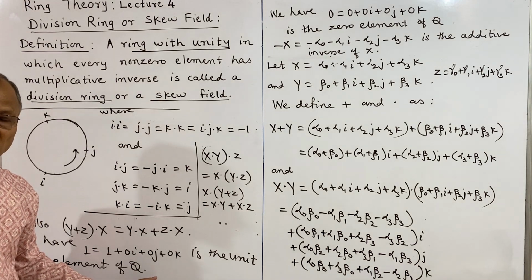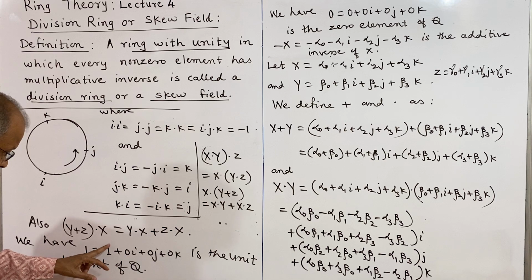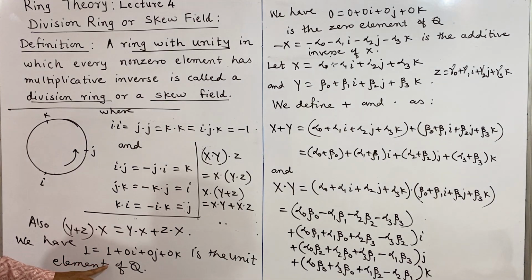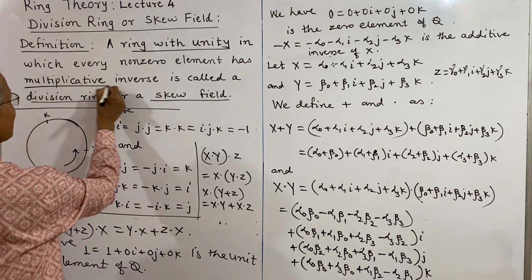We have checked all the properties, the 8 axioms of a ring, and then this additional axiom, that it has a unit element. So therefore this is a ring with unity. Now what remains to check is the multiplicative inverse.